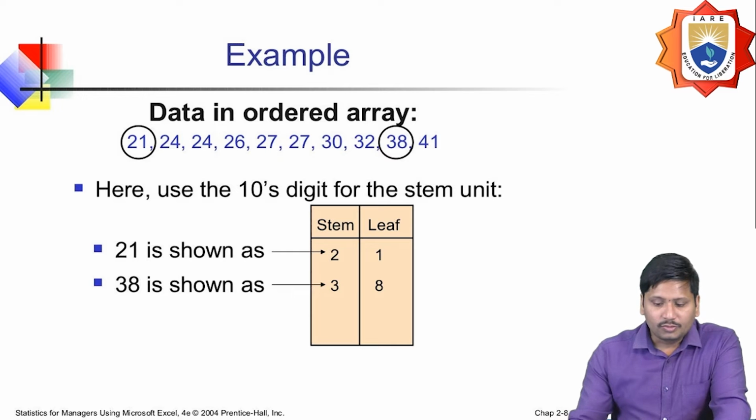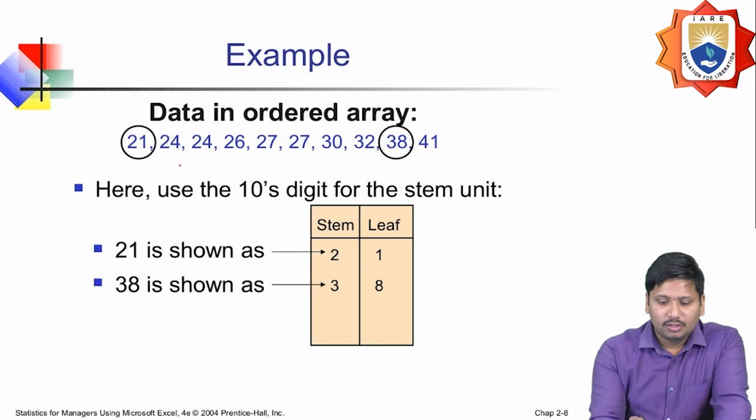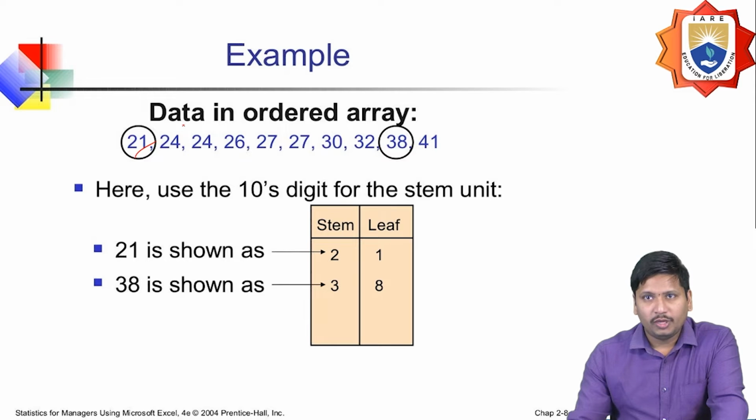Taking the values I got previously in the ordered array, if I take 21, how should 21 be constructed through stem and leaf?